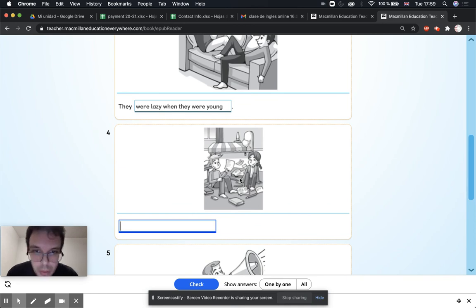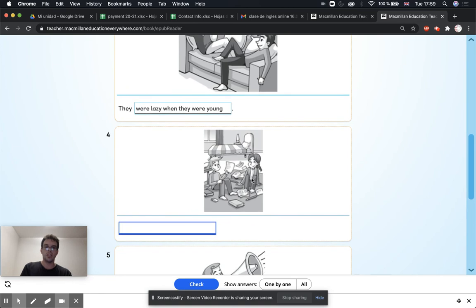So we'll look at these 2 people. Hay 2 personas, pues decimos they. They were, ¿qué palabra para describir esta habitación desordenada?